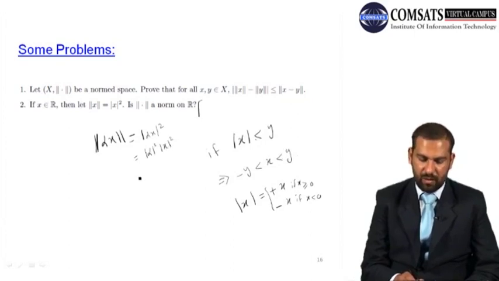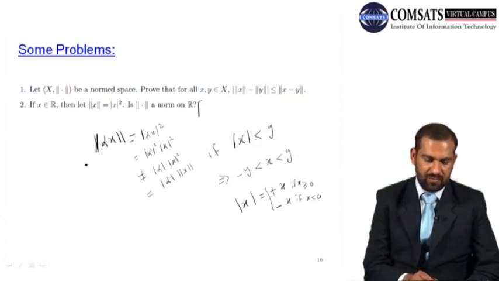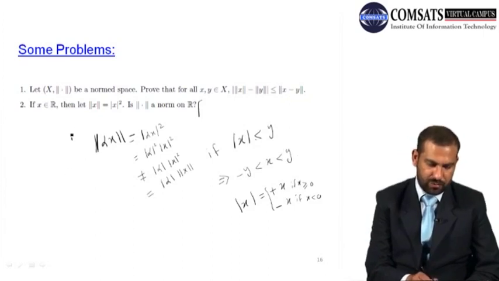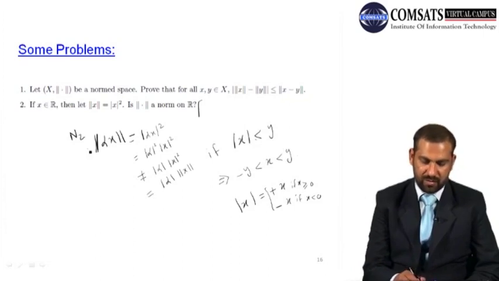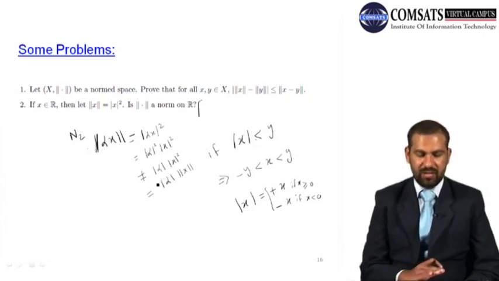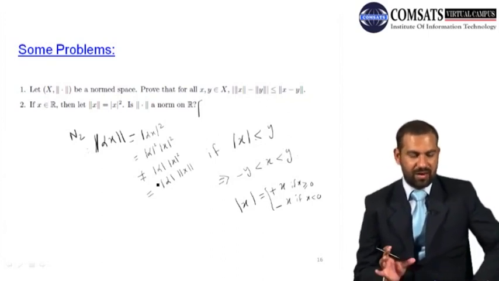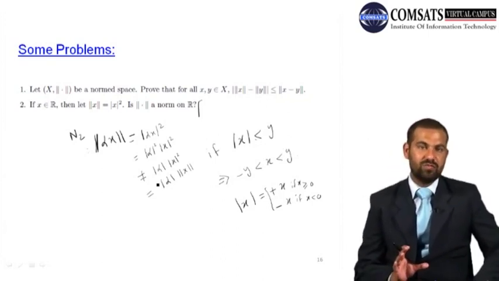But that is not equal to the mod of alpha times the mod of x squared, which is the alpha times the norm of x. Since we are checking property N2, and N2 is not satisfied, this example shows that it is not a norm space.